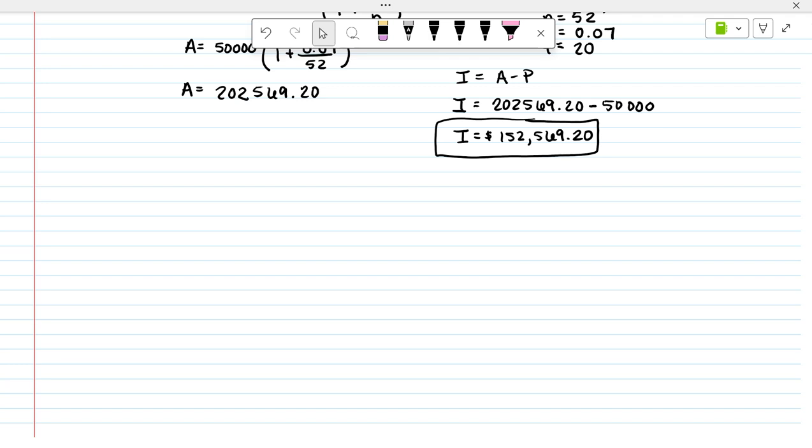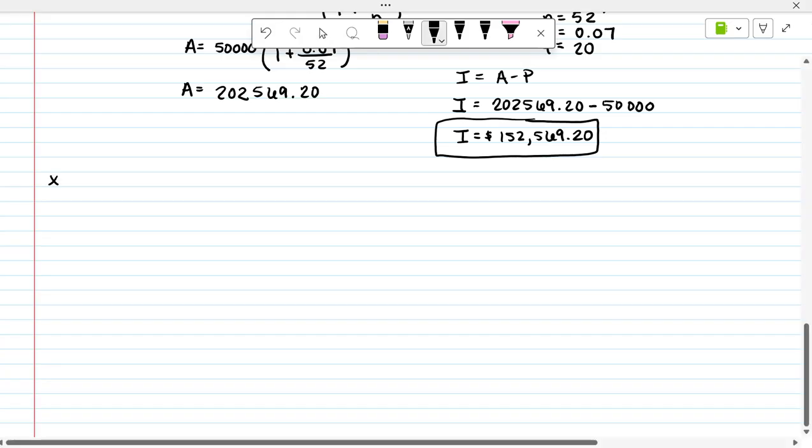Okay, let's talk about what an annuity is. Some of you are familiar with annuities.